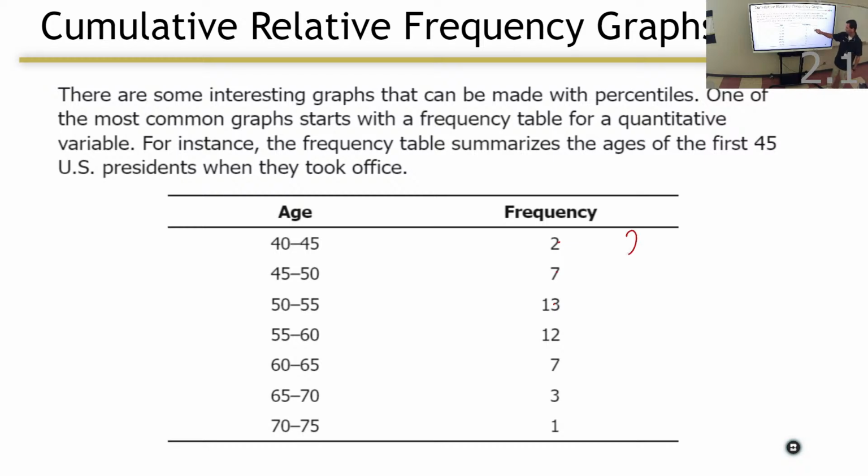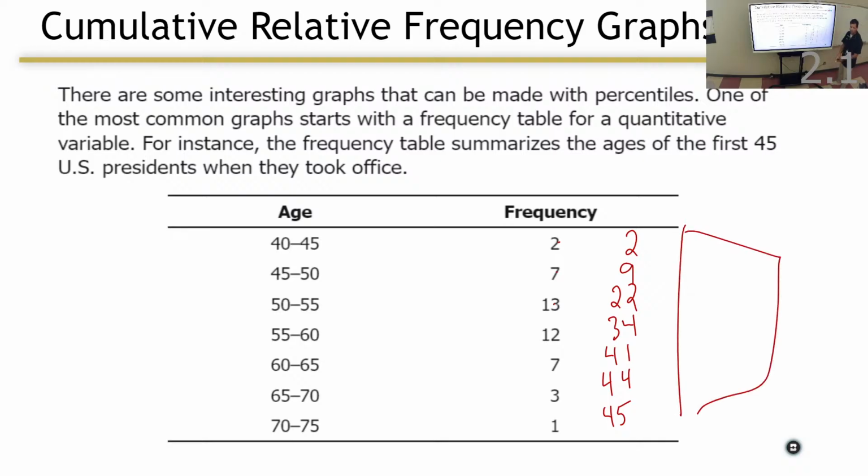So put a 2 here, then make this 9. Now we'll make this 22, add 12 more to it, that's 34. Add 7 more, that's 41. It's not 44, it is 45. Okay with that? Then we will put 2 over 45, 9 over 45, 22 over 45. We'll do those, and then that will be the cumulative relative frequency. It's easier to add these numbers than it is to add the percentages.